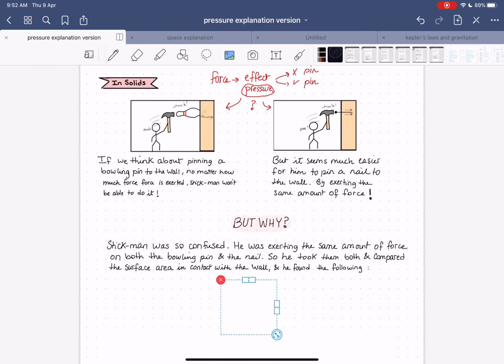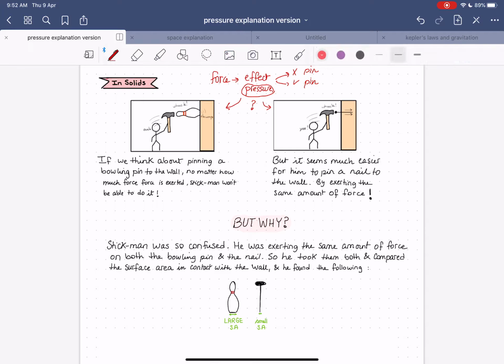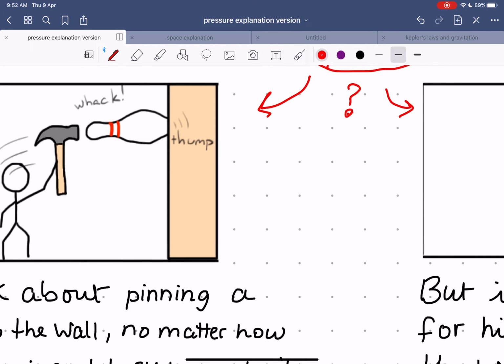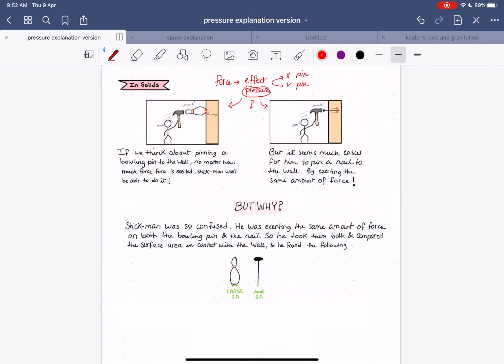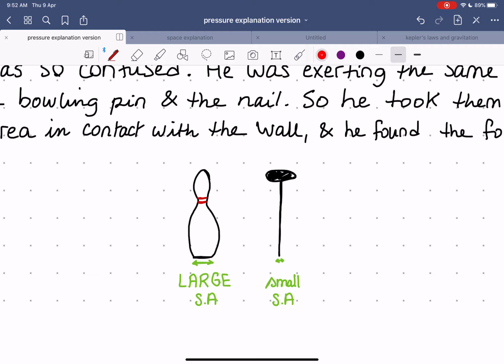So if we compare the surface area in contact with the wall of the bowling pin, and the surface area in contact of the nail with the wall, we can see how the bowling pin has a larger surface area than the nail. And it seems as if surface area and pressure, or the effect, have a relationship.